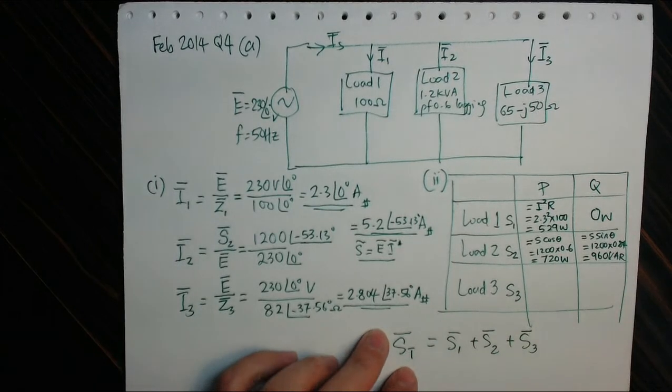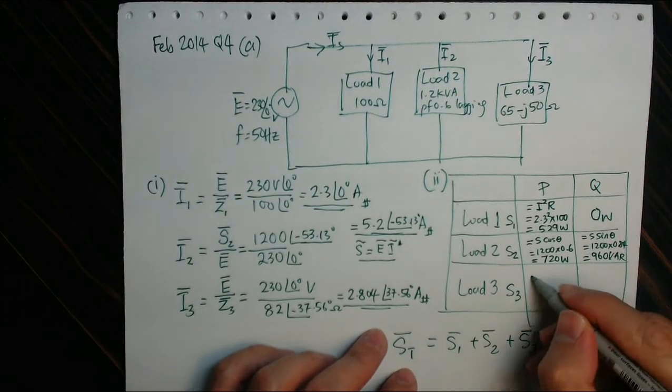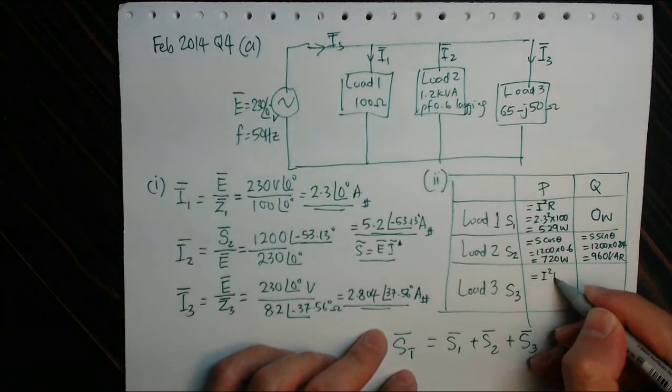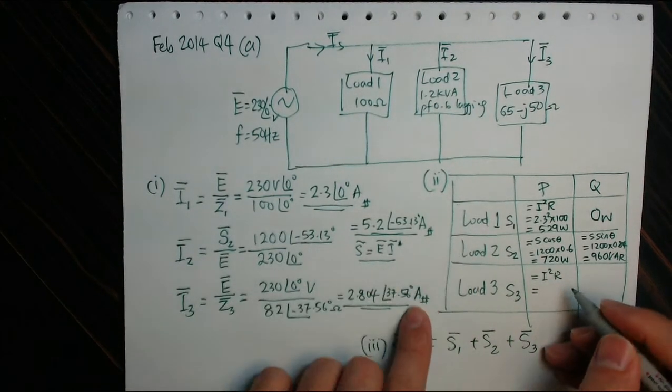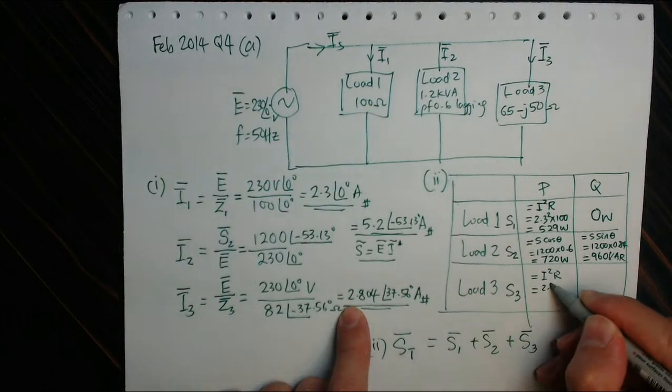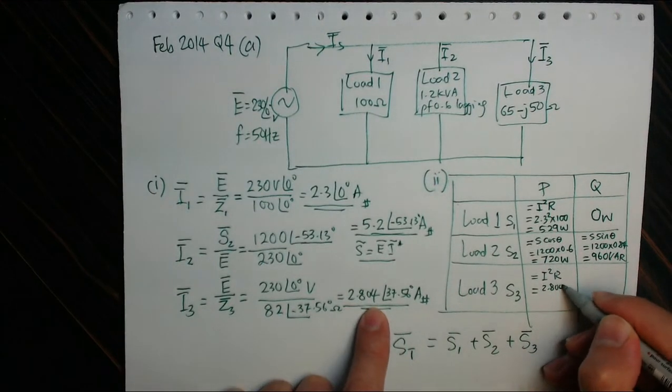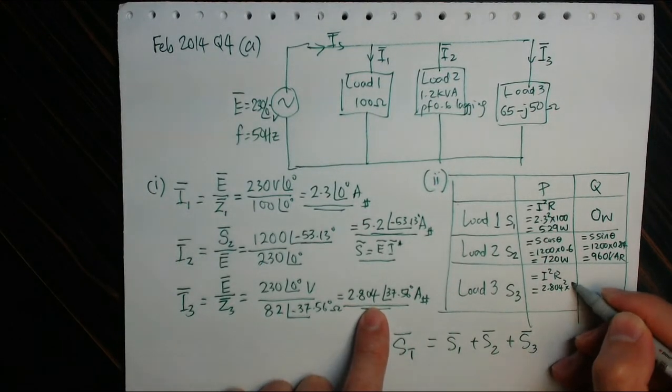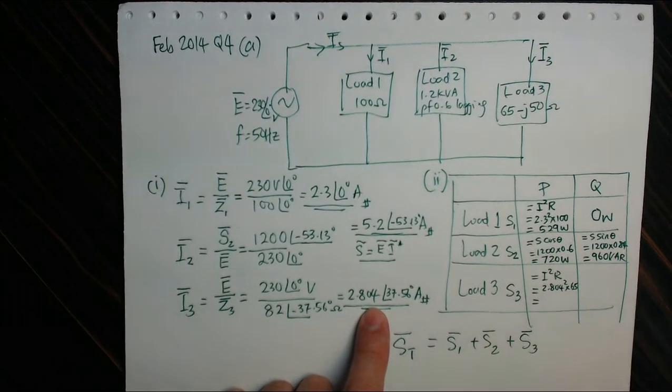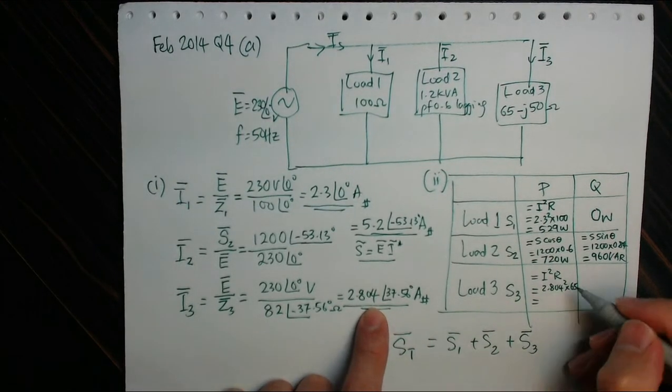Whereas for the last load, I can use I squared R again. The R is 65, so the current is 2.804 squared times 65. That gives me 511 watts.